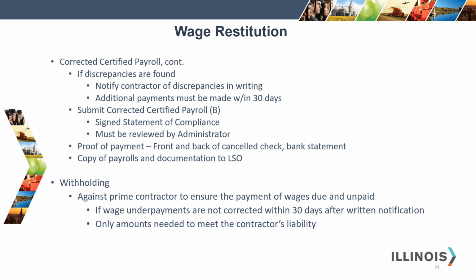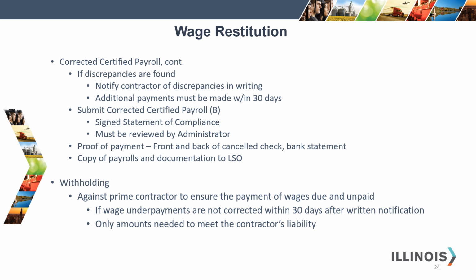Okay, if during your review of the corrected certified payroll you find discrepancies, you need to notify the contractor of the discrepancies in writing. Additional payments must be made within 30 days. You should receive a corrected certified payroll B, so if you're working with payroll number 2, then it would be corrected payroll 2B.